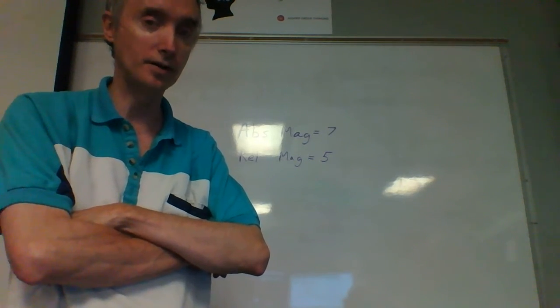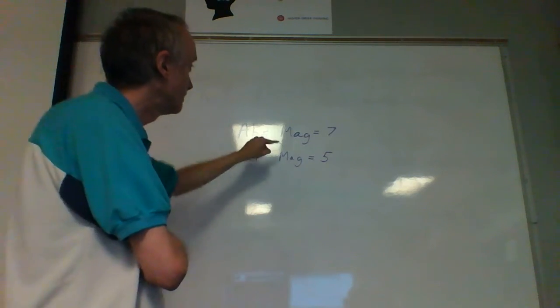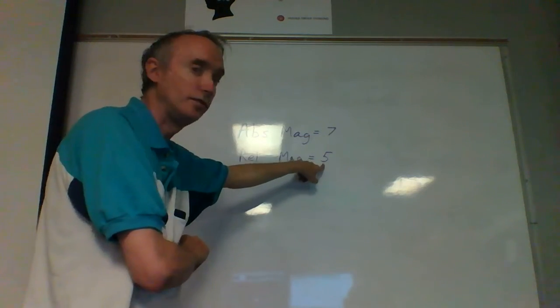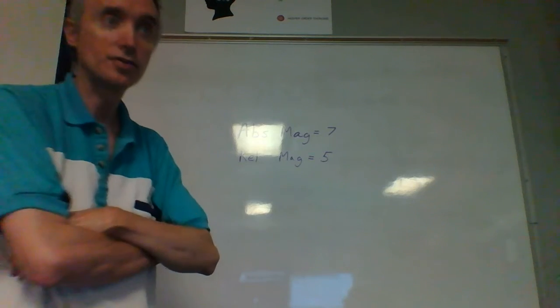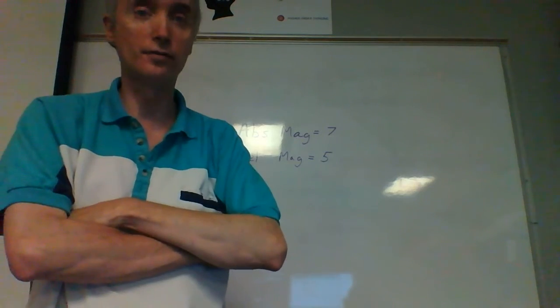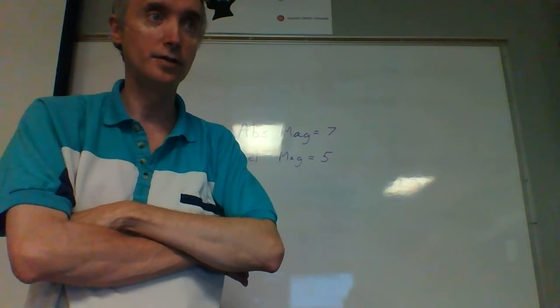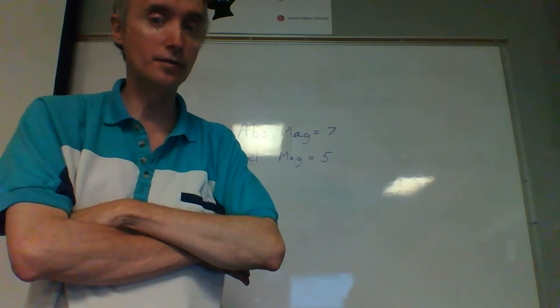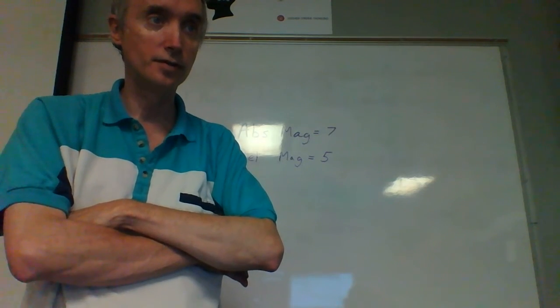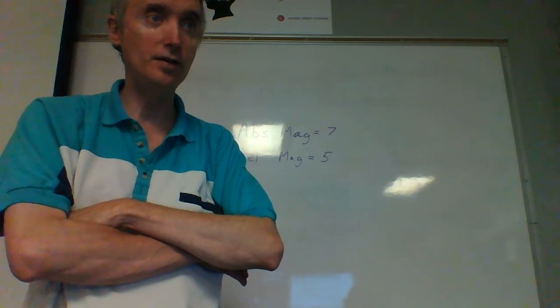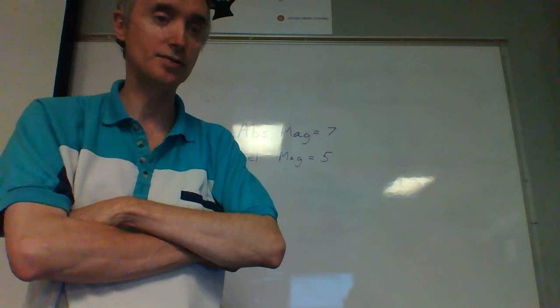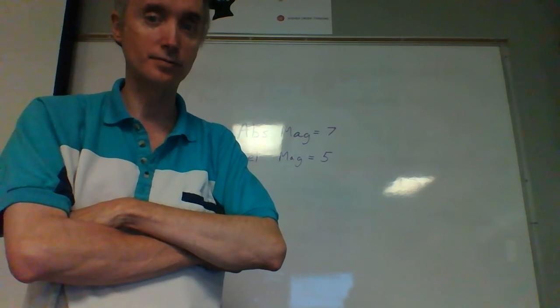Absolute minus relative. So 7 minus 5 is 2. So you would find 2 on the vertical part of that graph, then bounce it off the red curve down to the bottom, and then read off what the distance is in parsecs.